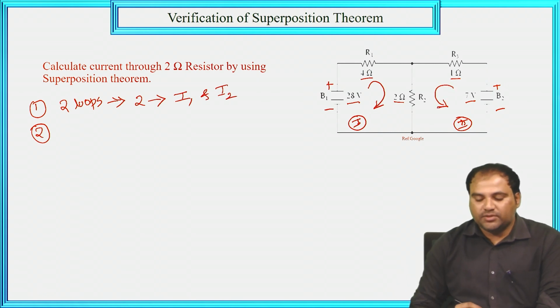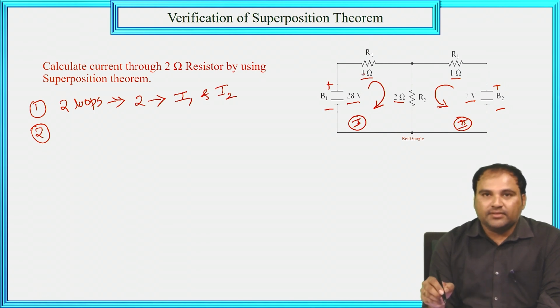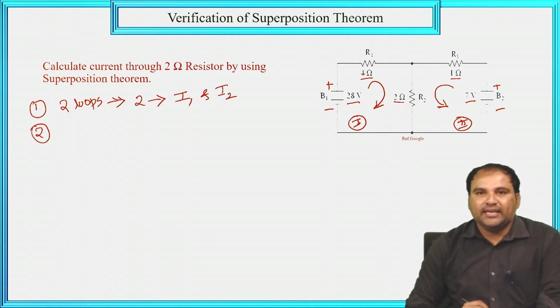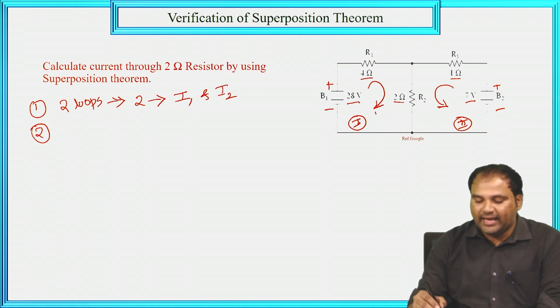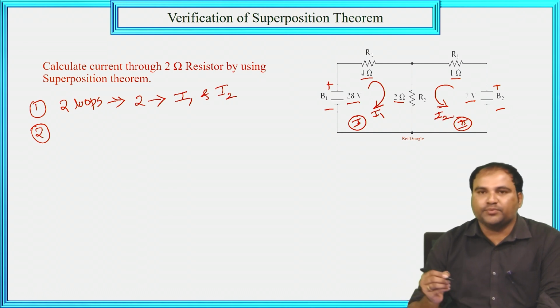Now we need to give the current through each and every element. The first loop current I am taking as I1 and the second loop current as I2.